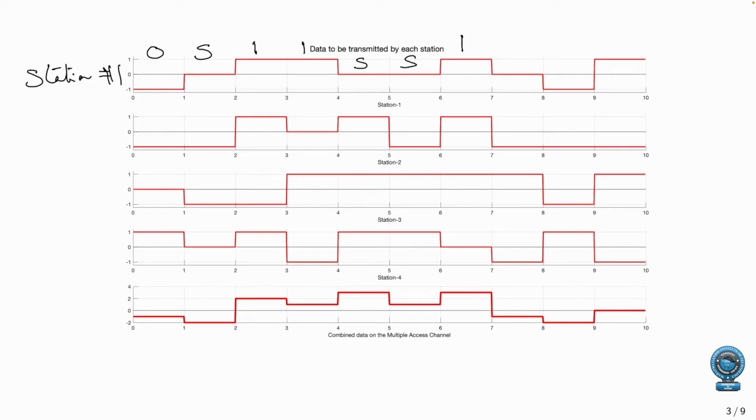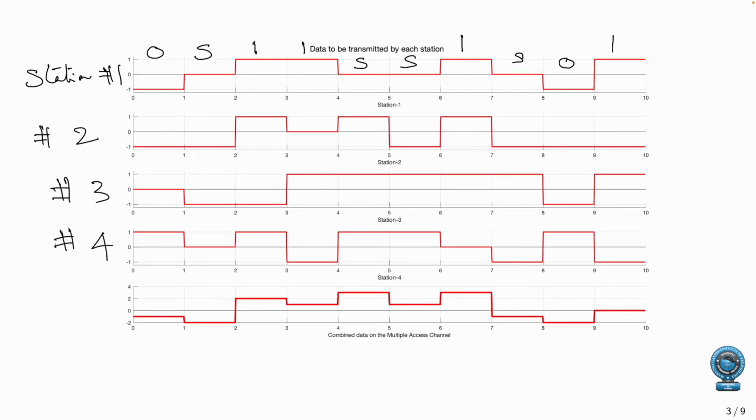He has 1 to send here, then silent here, and then he has 0 to send, and likewise here it can be represented as 1. Similarly, this waveform is the data sent by station number 2, and likewise this is station 3 and this is station 4.